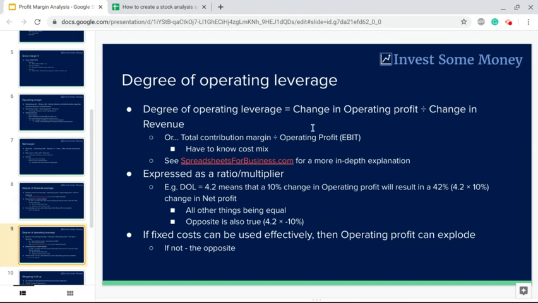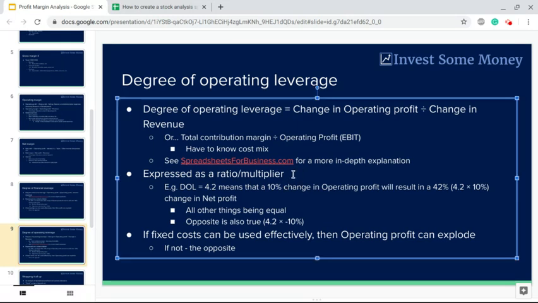That's information that we have from the public companies we analyze, so we can still come up with a calculation. Again, check out Spreadsheets for Business for a little more information on that. So it's also expressed as a ratio multiplier, 4.2, you know the drill, 10% change, 42% change in, this should be operating profit.